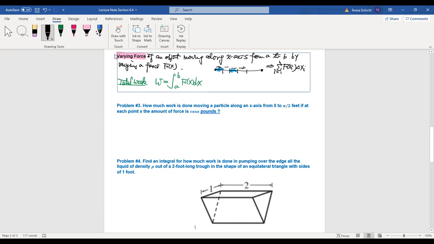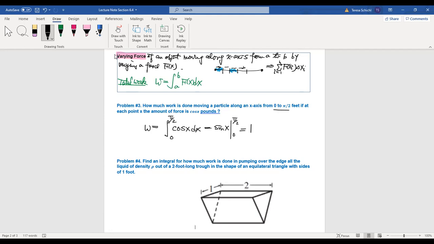Based on my varying force formula for the total work, I know my work is the integral of my force function, cosine x dx. What is the distance I travel? From 0 to pi over 2, right? This one is simple: sine x from 0 to pi over 2. So this will be 1.